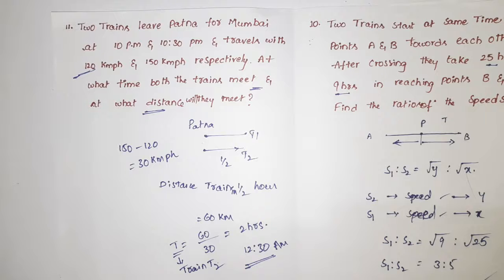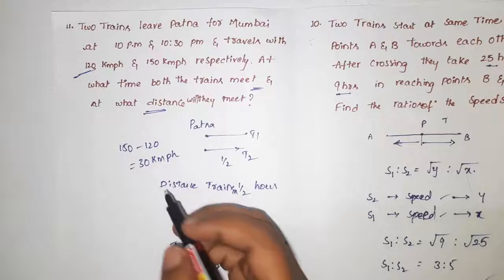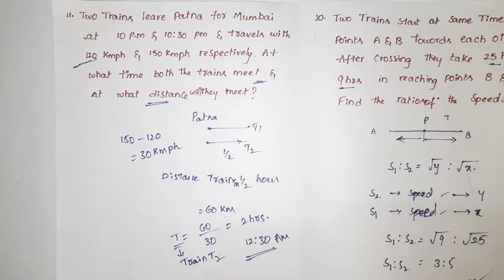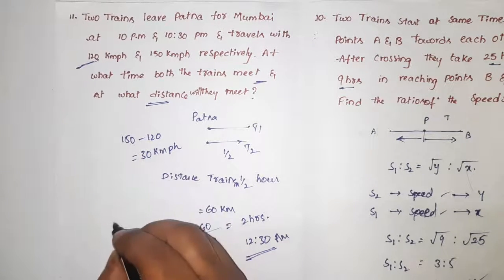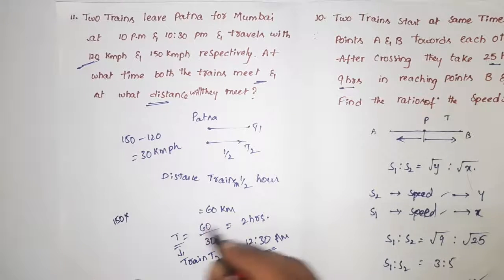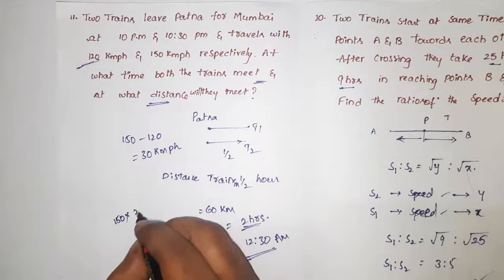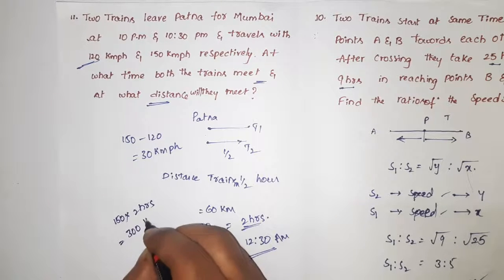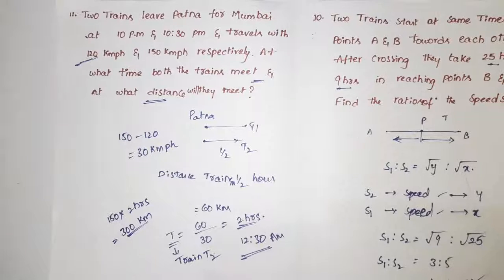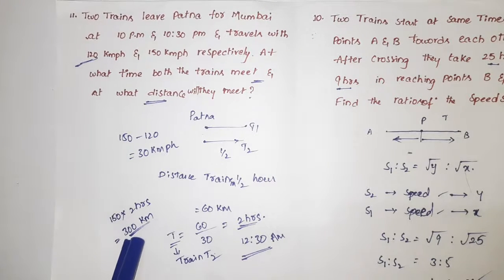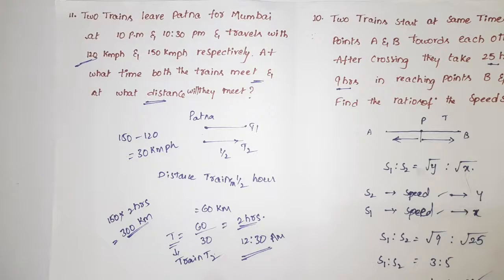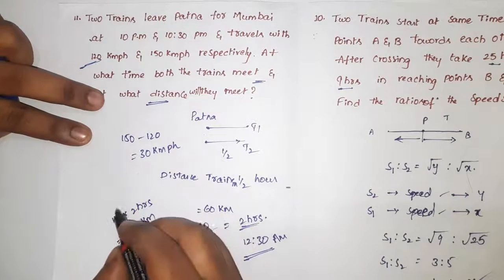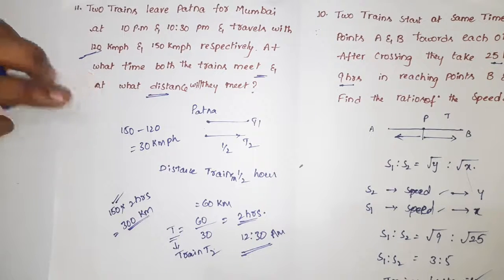The distance is the distance from the starting station, that is Patna. The distance traveled by train 2 in that 2 hour period is the speed of train 2 times the journey time of 2 hours, that is 300 kilometers. Train 2 meets train 1 at a distance of 300 kilometers from Patna. You should not include the relative speed concept here.